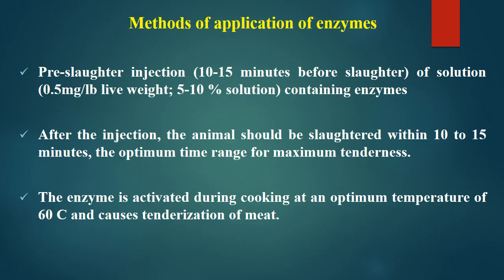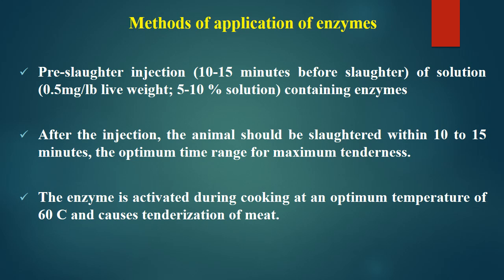In continuation about methods of application of enzymes, here is another option, that is pre-slaughter injection, maybe 10 to 15 minutes before slaughter, of the solution. The solution can be 5 to 10% concentration and the dose is 0.5 milligram per pound, or about 1.0 milligram per kg.